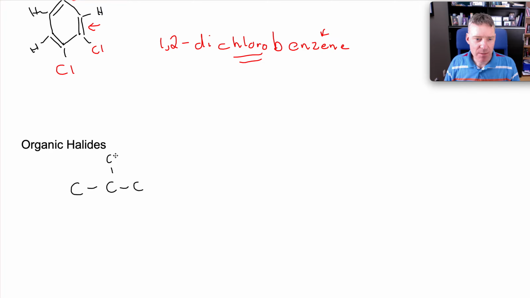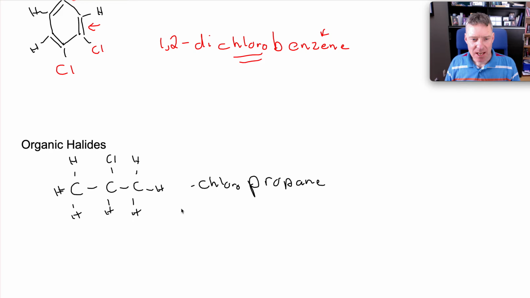So we have 3 carbons, all single bonds, with a chlorine added in the middle. So 3 carbons, propane, but this is going to be a hydrocarbon derivative because there's not just C's and H's. We have this chloro.